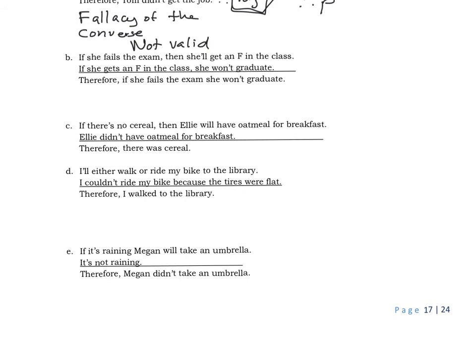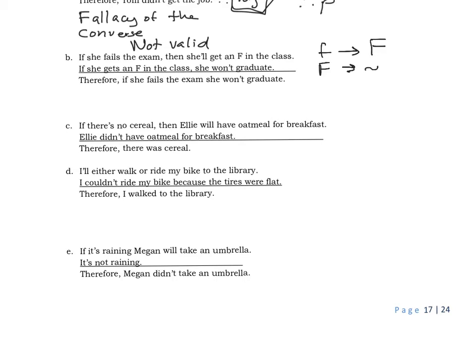All right, let's look at B. If she fails the exam, and I know this sounds weird, we're going to think of failing as a positive, then she'll get an F in the class. I'll put a capital F there. And it says if she gets an F in a class, then she won't graduate.